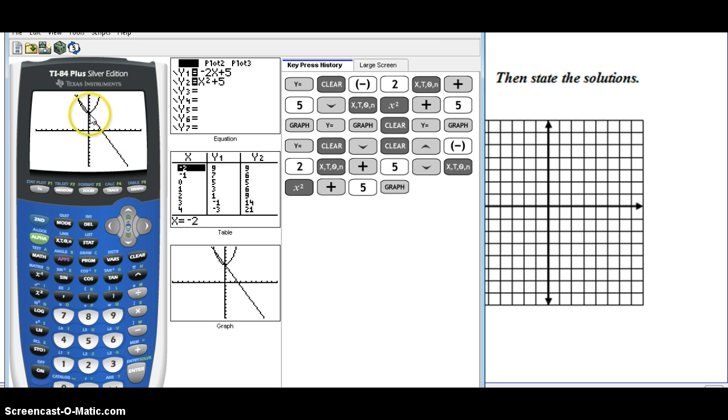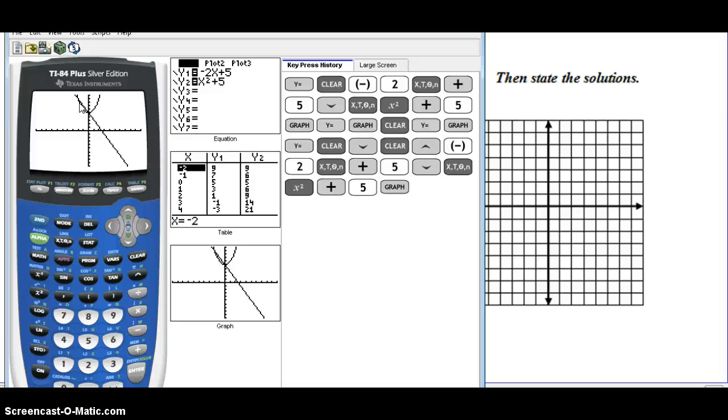And I can see visually that there's 2 intersections. Remember, for a system, it is the intersection of the 2 things. It's not the zeros that we're used to finding as solutions, but for a system, we have 2 different things. We're looking for the points of intersection, what would make a true statement for both items. So there's a point here and a point here that would be the intersections.